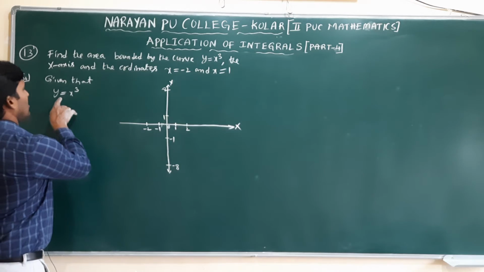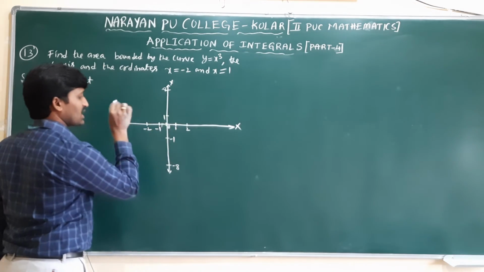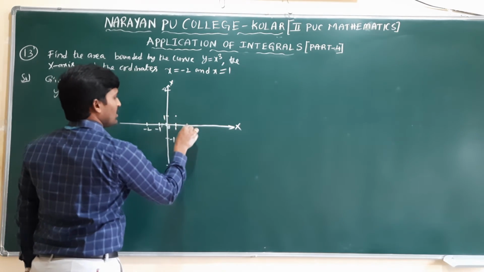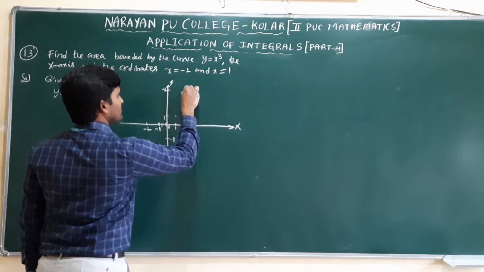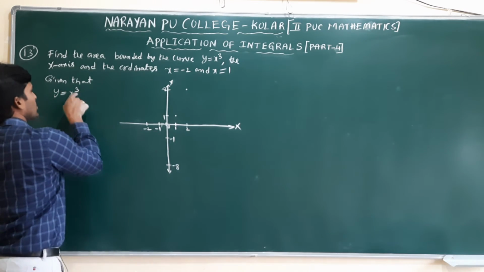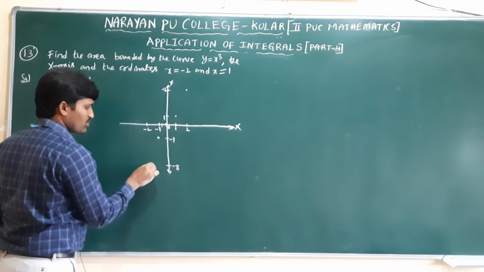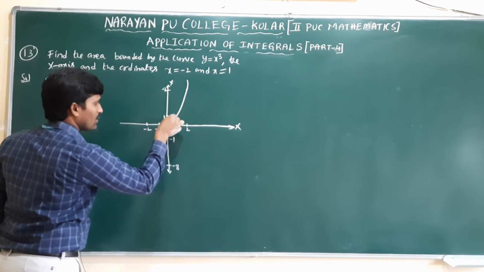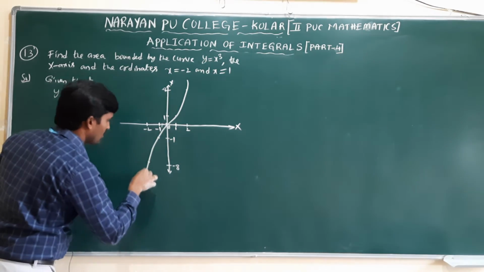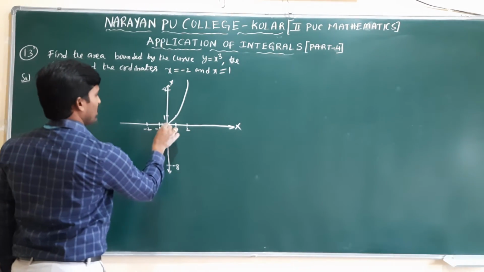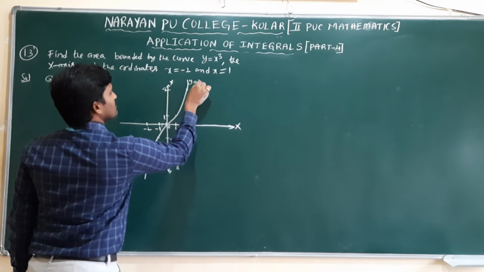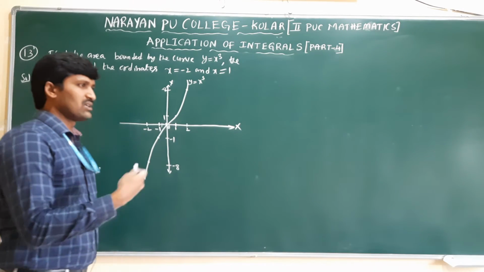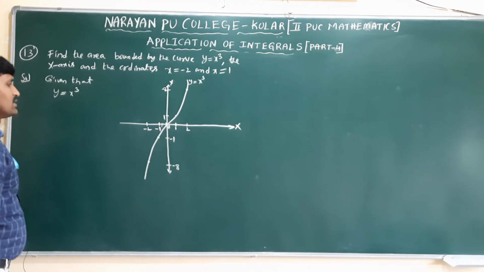Now x value 0, y is also 0. This curve I am drawing first. Take x as 1, 1 cube, y is also 1. x value 2, y value 8. If you take minus 1 whole cube, y value is minus 1. Minus 2 gives minus 8. And this is the graph of y equal to x cube. When you don't know the graph, just take the x values and you will get y. From that we can draw the graph.